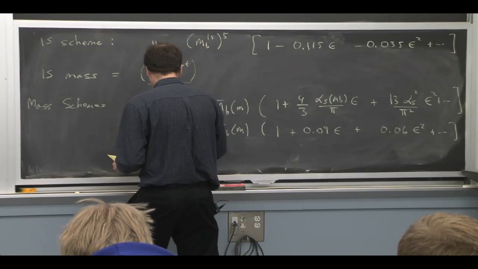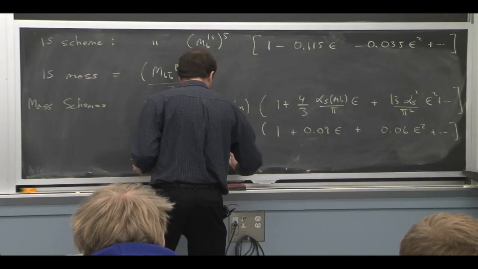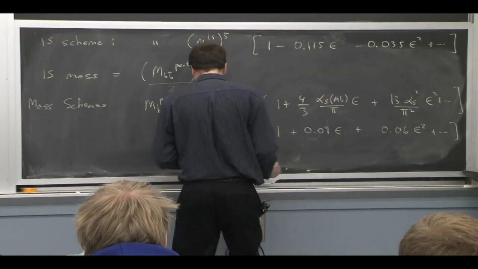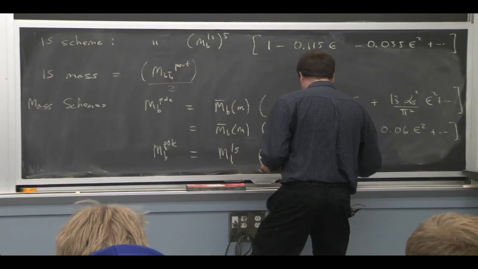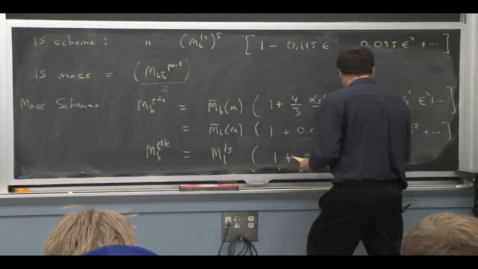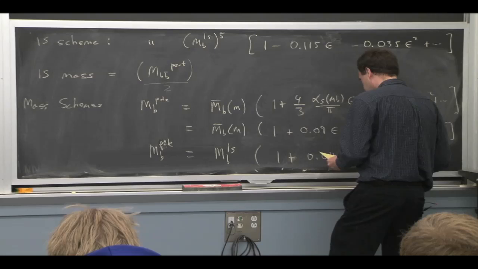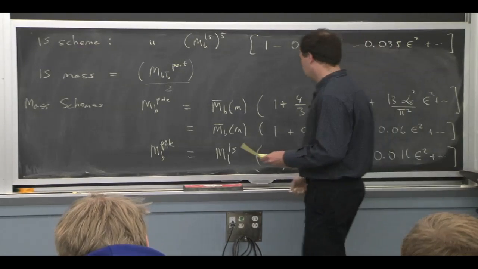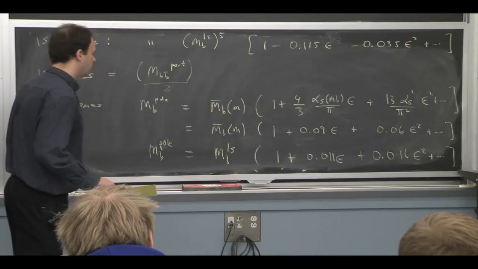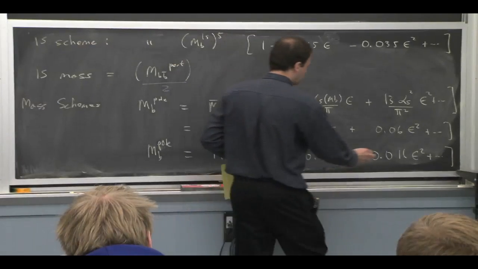We could also think about switching from the pole scheme to this MB1S scheme. We have a different series. It still doesn't look very convergent. The numbers look small, but this is supposed to be a 6.